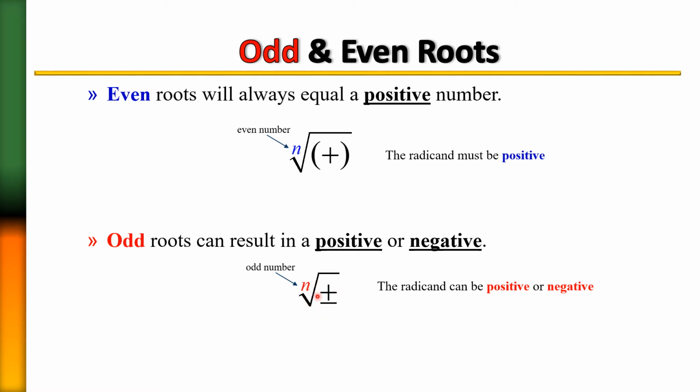So again, odd roots, the radicand can be either positive or negative. Even roots, the radicand must be positive. It cannot be negative. Very important to remember that as you solve your various roots.